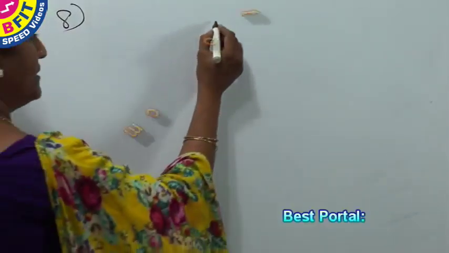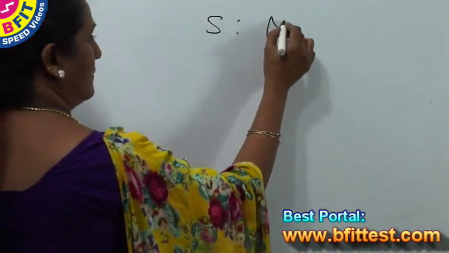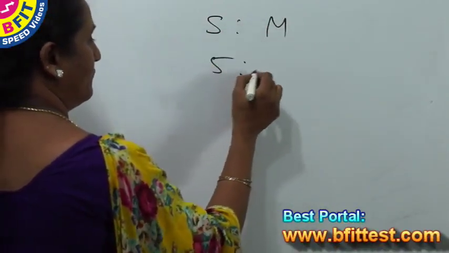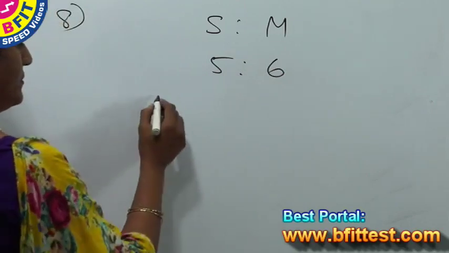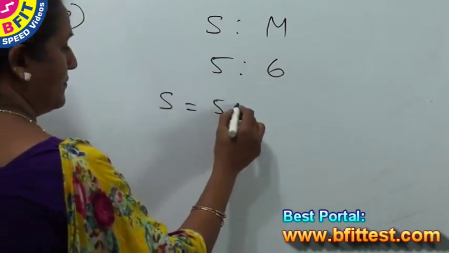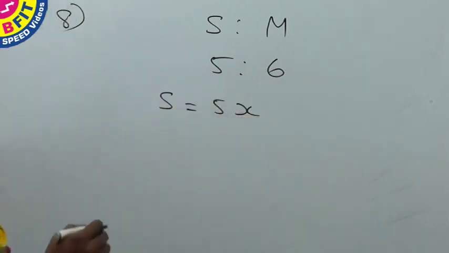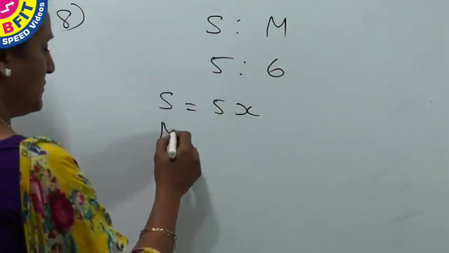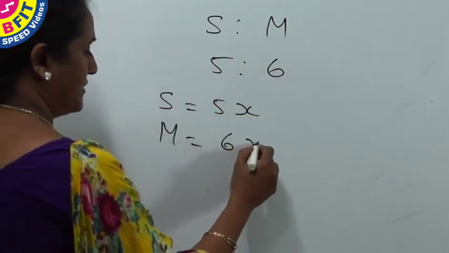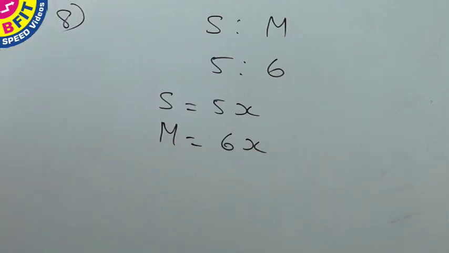So the present ages of Sheila and Meena are given as 5:6. So then Sheila's age is 5x and Meena's present age is 6x. After 14 years, the ratio changes to 12:13.